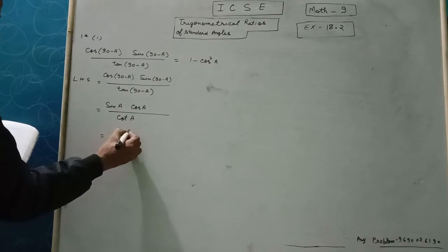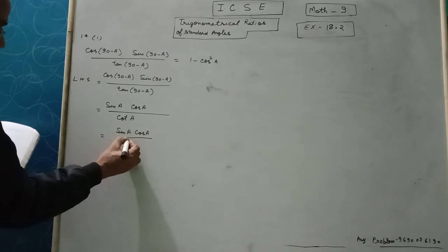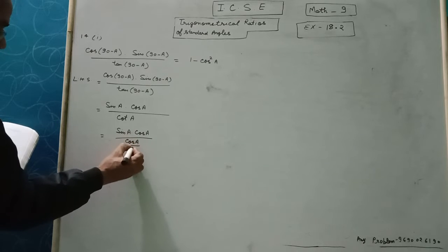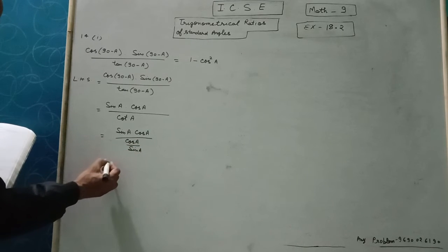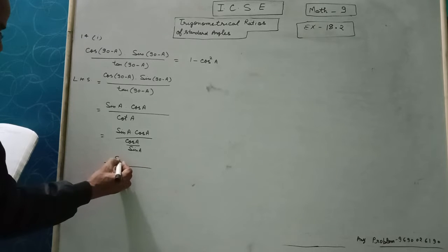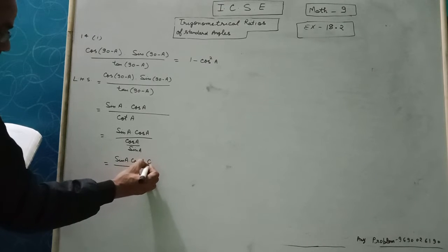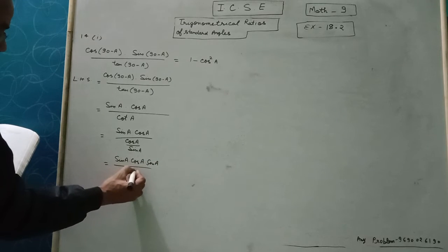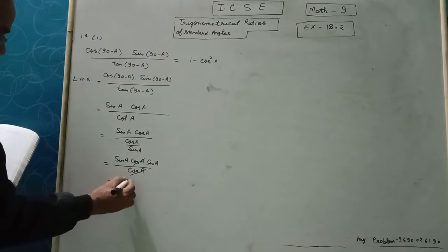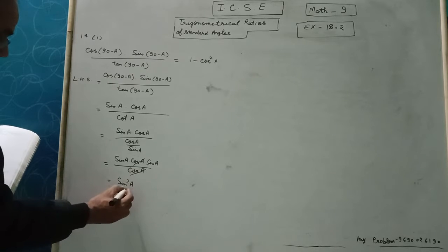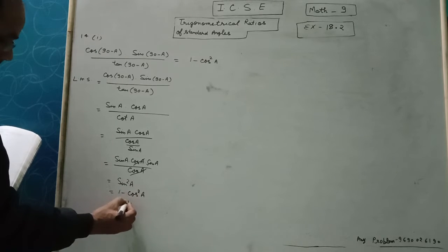Sin a into cos a upon cot a. The value of cot a is cos a upon sin a, so sin a into cos a into sin a upon cos a, multiplied, gives sin square a, which we write as 1 minus cos square, equal to the right hand side.